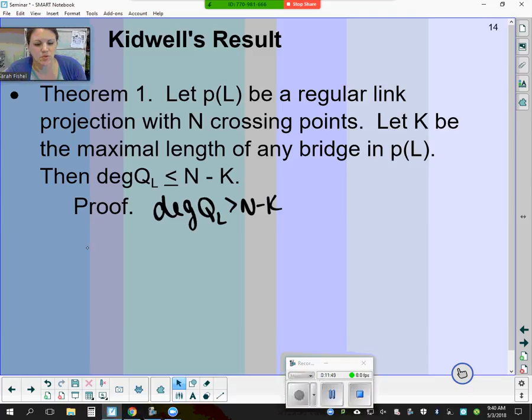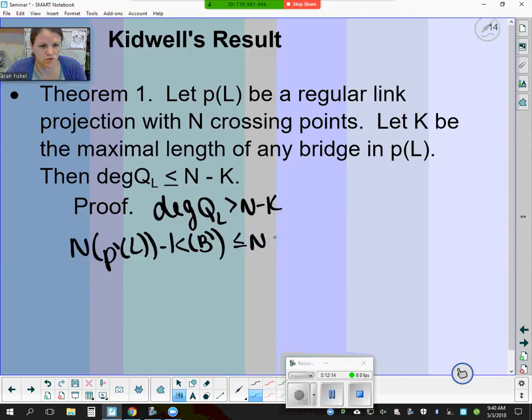So let B be our bridge of maximal length. If B is improper, then we know by lemma 0, which we've already proved, that there exists a projection, P prime of L, where the number of crossings in that projection minus the bridge number in that projection is less than or equal to the number of crossings in the original projection minus the bridge number in that projection, which would just be equal to n minus k.